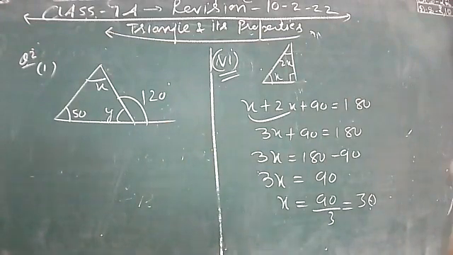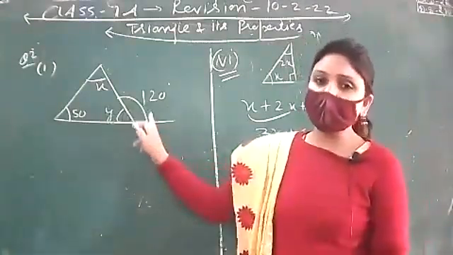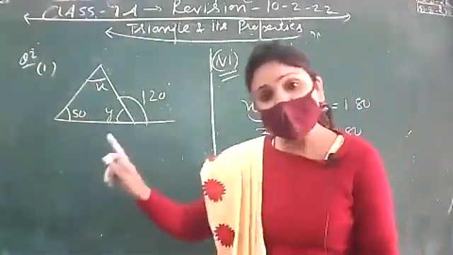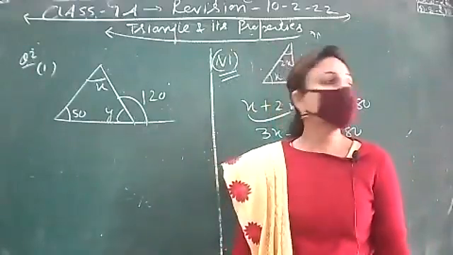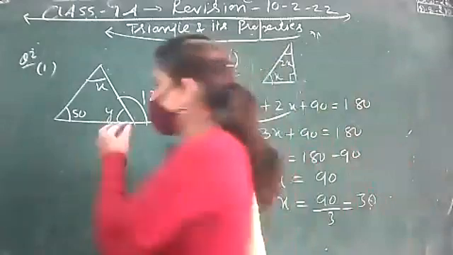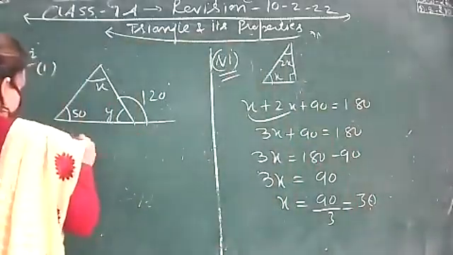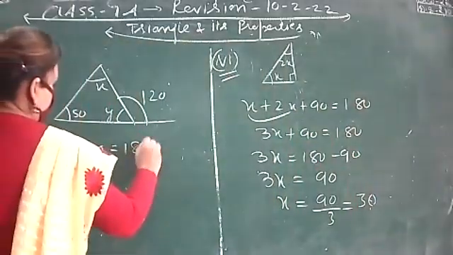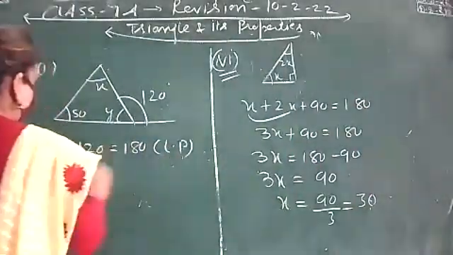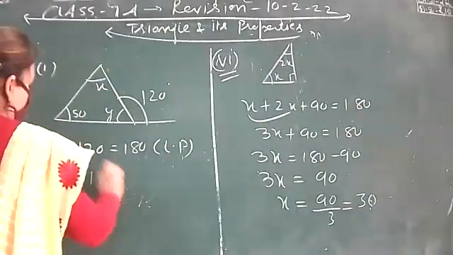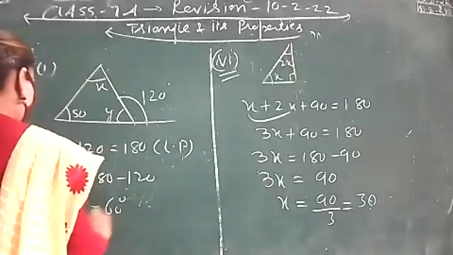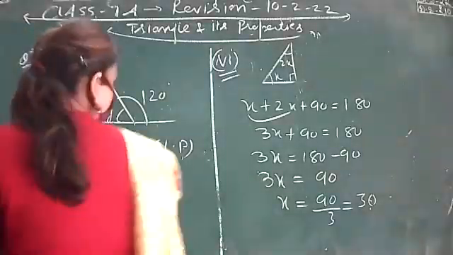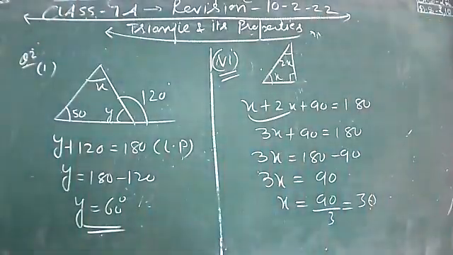Now this Y is sitting near 120, and is it having any relation with 120? Linear pair. So first of all, we will find Y by using linear pair. Y plus 120 is 180, so Y is equal to 60 degrees.